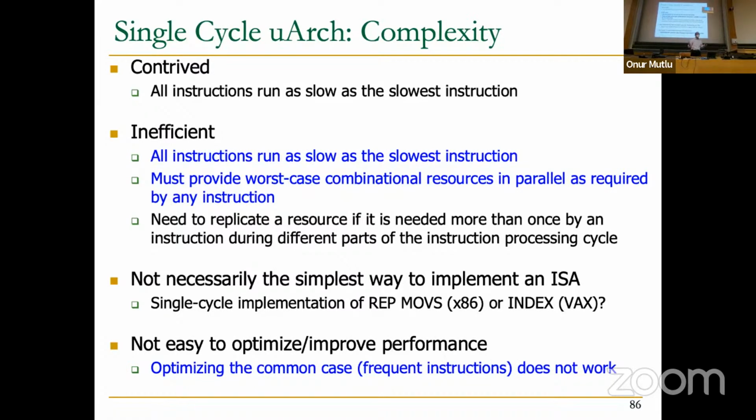One of the big principles in design is to figure out what's the common case and optimize for that common case. So if your common case is that the machine is going to do a lot of add instructions, optimize the clock frequency for your add instructions, because you know that 90% of the workloads are going to do add instructions and not loads, let's say. But you cannot do that in this case.